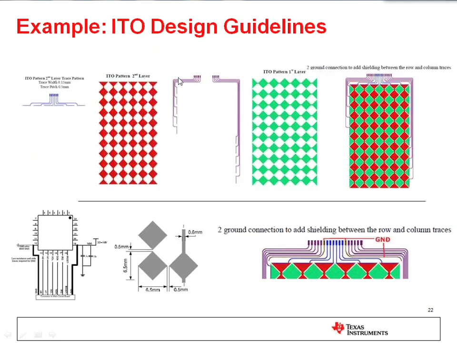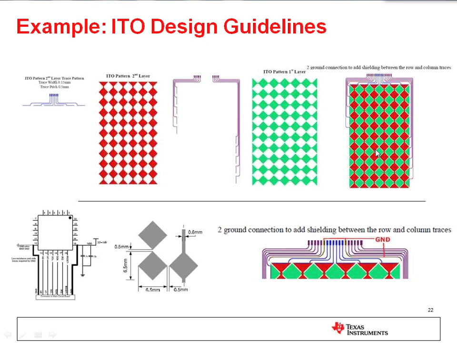Now, here's where the ITO differs significantly from a resistive touchscreen controller. Typically, you would have, in some systems, 2 layers of ITO. Now, there are some instances out there with just a single layer ITO, but in general, you have 2 layers of ITO and 2 patterns that are like 50% filled out, as indicated here, much like a checkerboard. So when these 2 layers are overlaid, as in the third picture, you get 1 full layer of ITO.